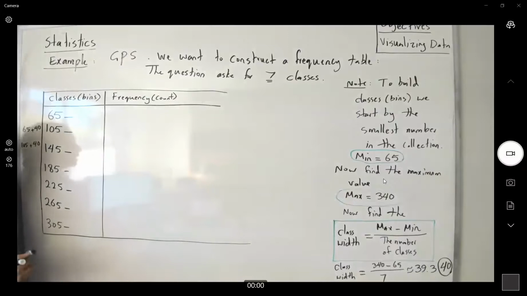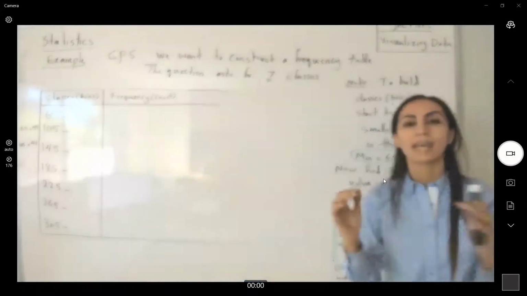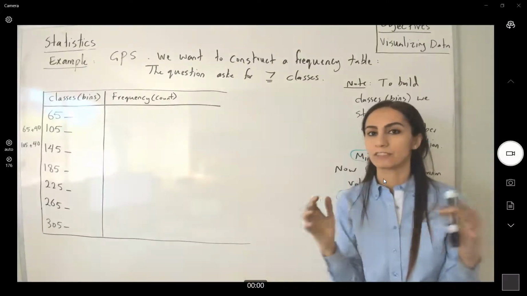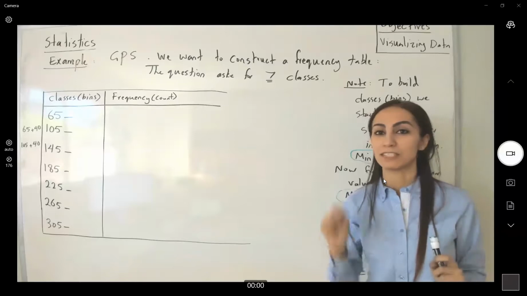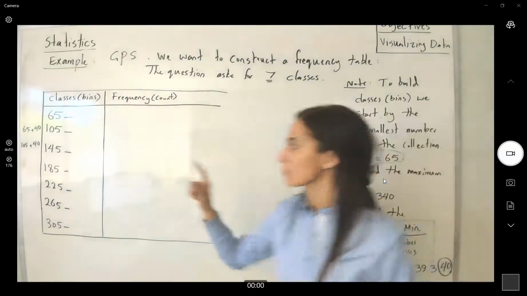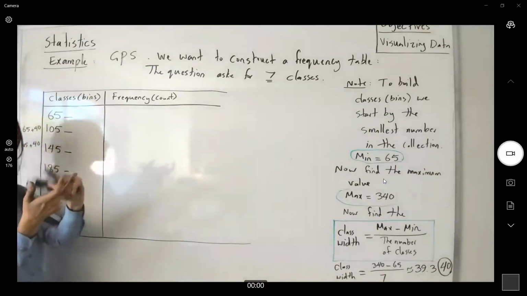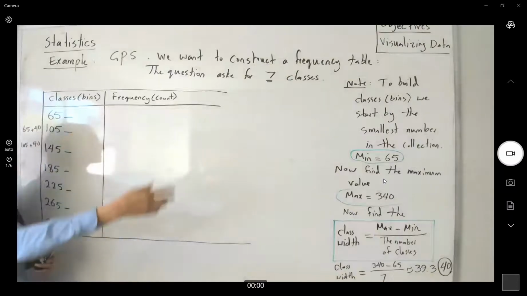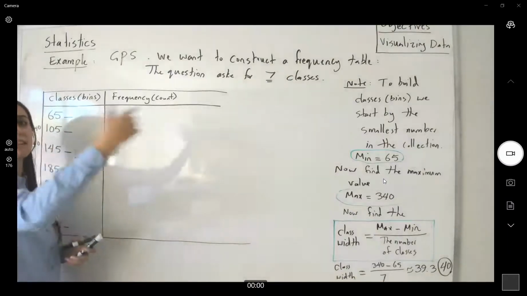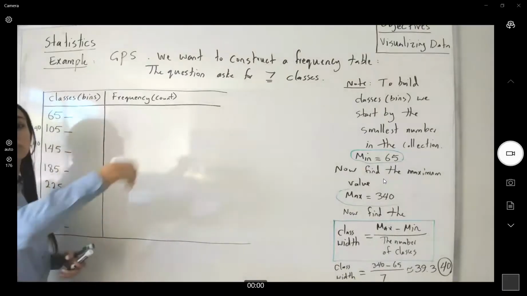Okay. In statistics, we don't have overlap between classes. There is no overlap between two classes. This is 65, 65, 66, 67, 68, 69, 70, 75, 76, 78, 80, 81, 82, 83, 90.